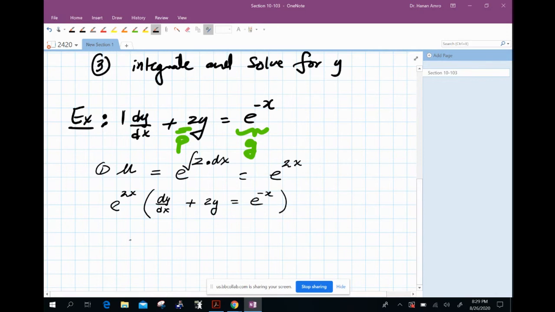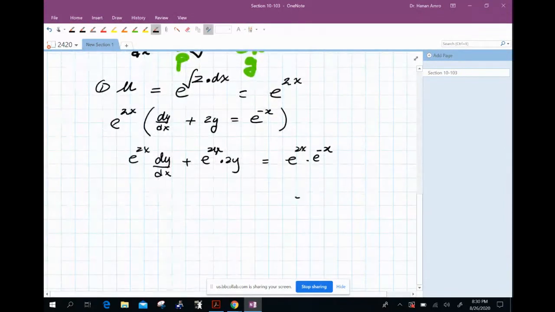So what we have right now is e to the 2x dy over dx plus e to the 2x times 2y, which is now equal to e to the 2x times e to the negative x, that leaves e to the x right here.